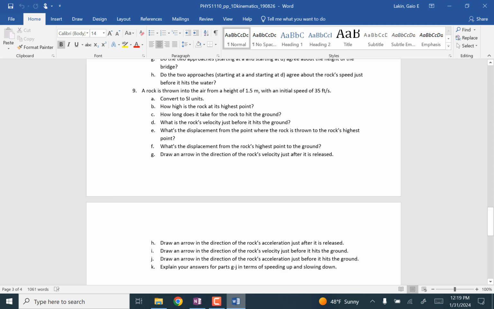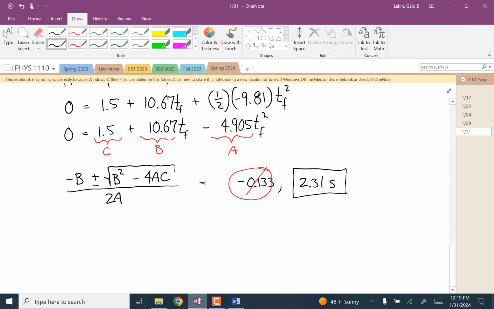Okay, so now we want the velocity just before it hits the ground. Is there any reason to change our position equals 0, positive direction, time equals 0, or time final if we're trying to figure out the velocity at the instant it passes the height of the ground?